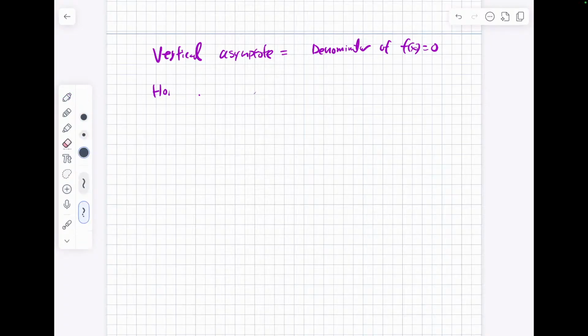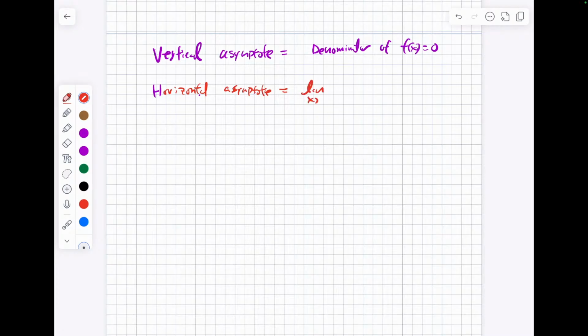Horizontal asymptote. What is a horizontal asymptote? Can somebody tell me how I find a horizontal asymptote? By approaching infinity again.